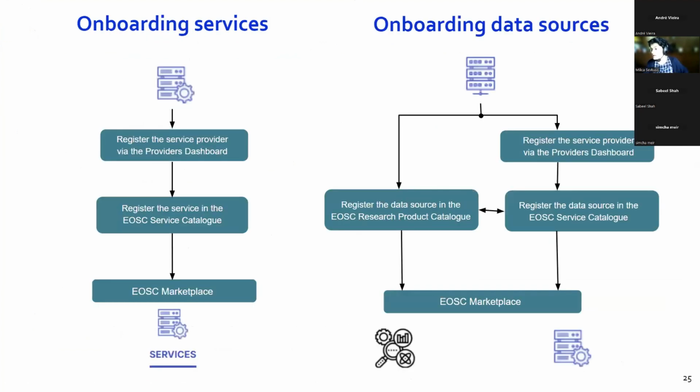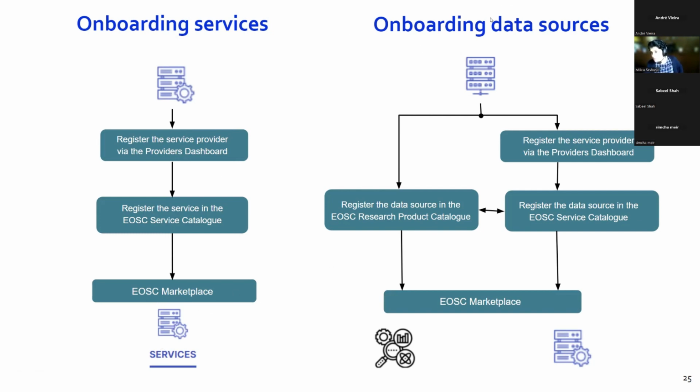And this is a scheme of the procedure. This is what I've explained. In the EOSC Marketplace, we are using these icons. So this is an icon for service, and this is an icon for data source. And you can see this indicates that there is something inside. So this is the procedure that I explained. You register the provider, you register the service, and then it's available in the marketplace as a service.